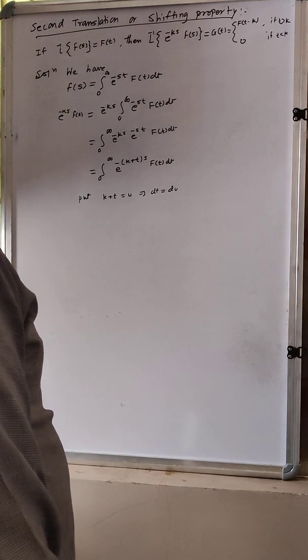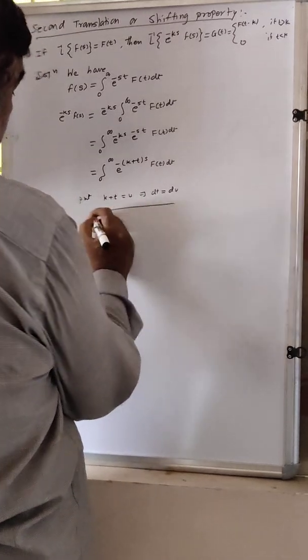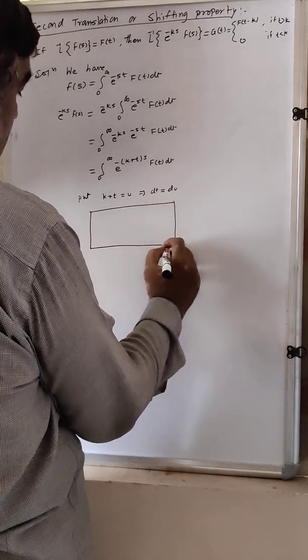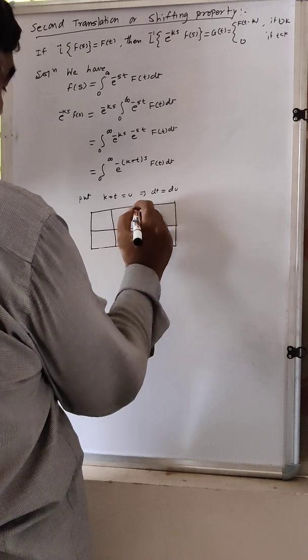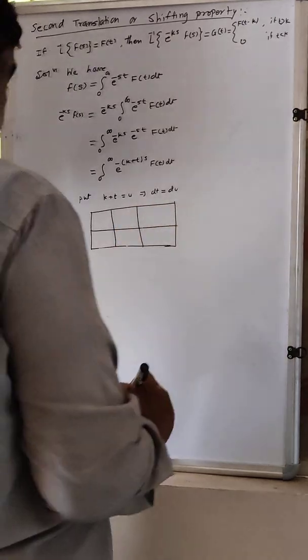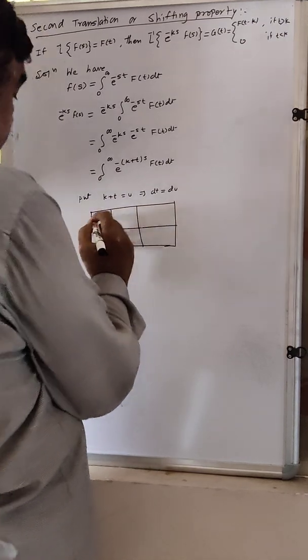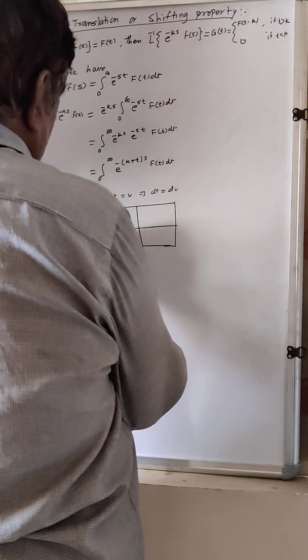After substitution, the limits also change: limits of t and limits of u.